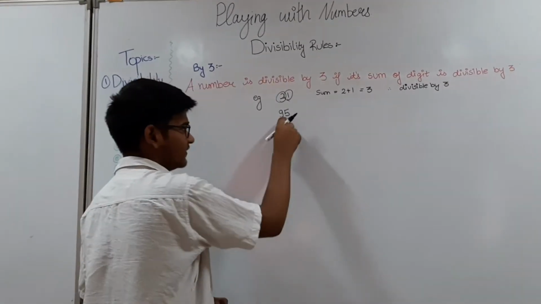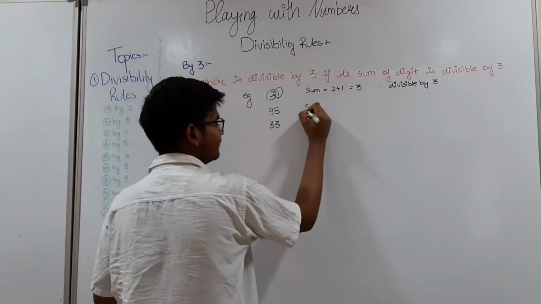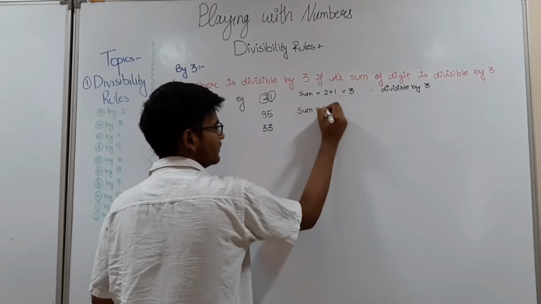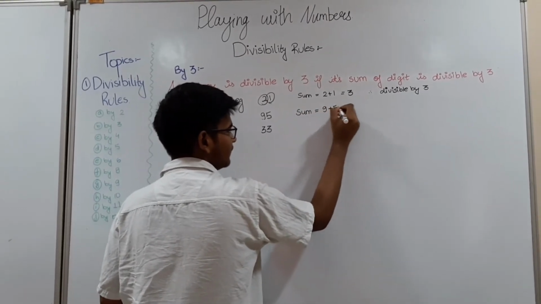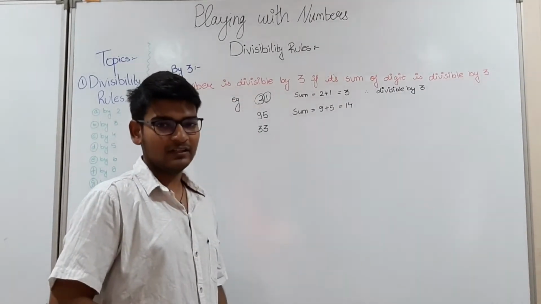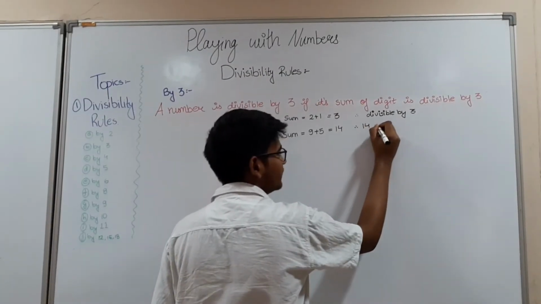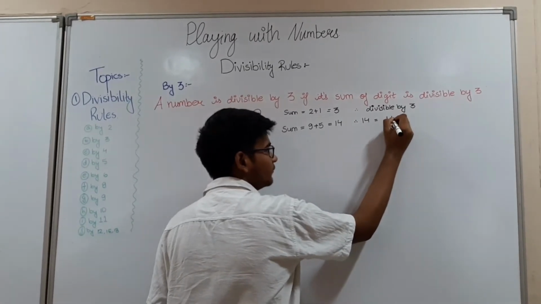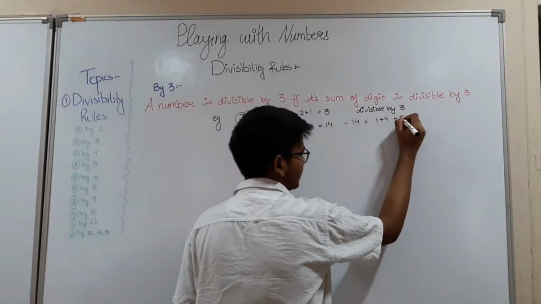Now let us take the example of 95. Here the sum is 9 plus 5, that is 14. Since 14 is not divisible by 3, and 14 is equal to 1 plus 4, that will be 5.